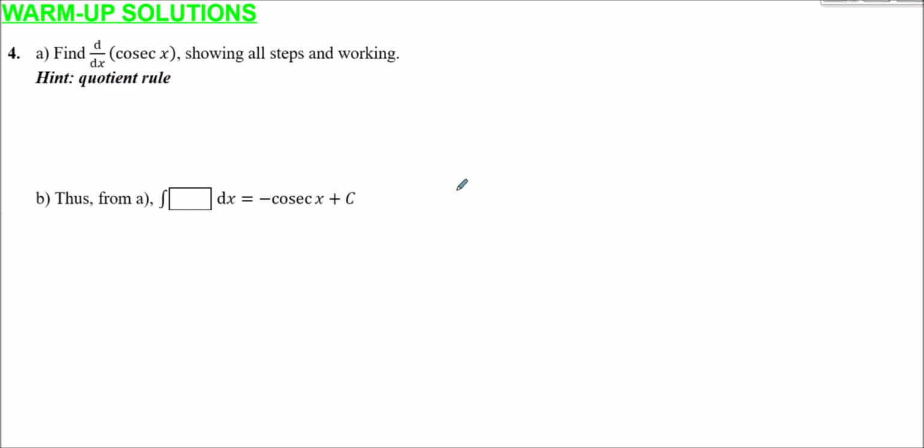Question 4. Now we're going to differentiate cosec x, showing all steps and working, and again this is a quotient rule job. So cosec x, cosec is 1 over sine. So applying the quotient rule like we did for question 3, we take the denominator and multiply by the derivative of the top.